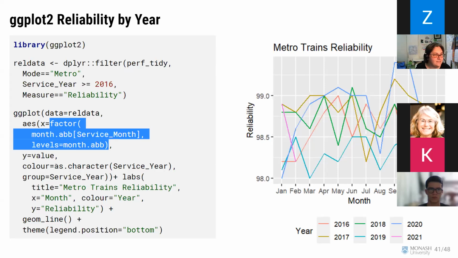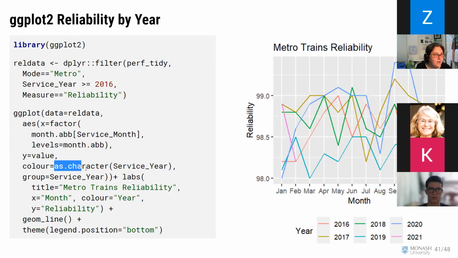You also don't want to see as.character service year at the top of the legend. That's why I've changed it with color equals year.